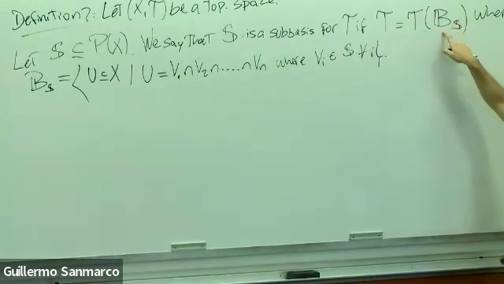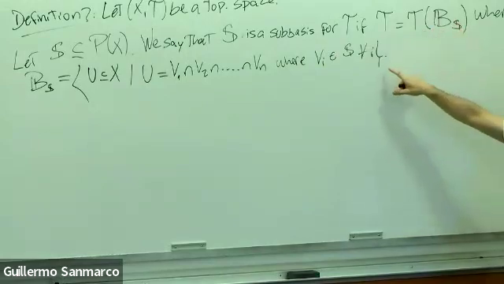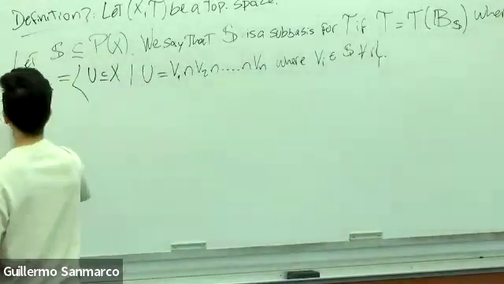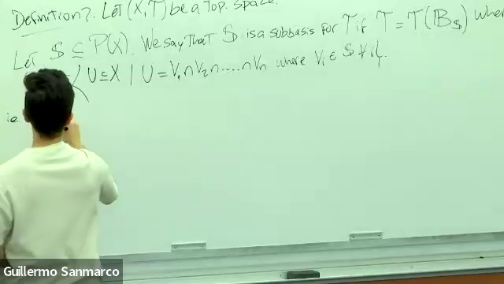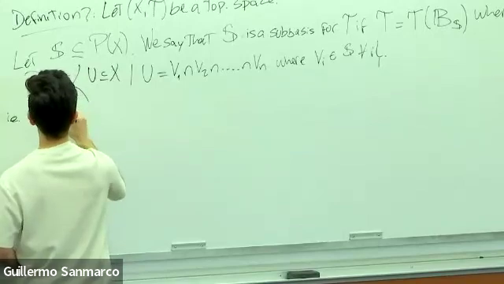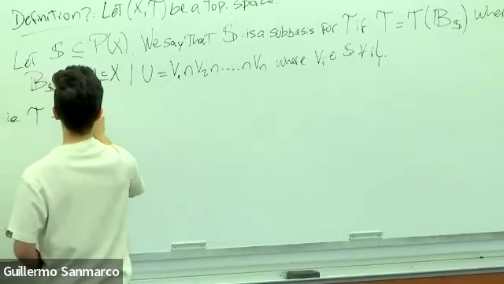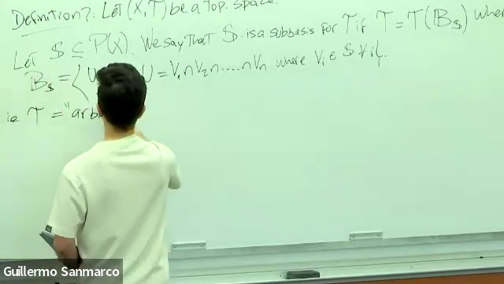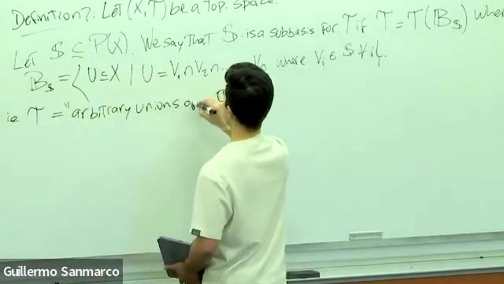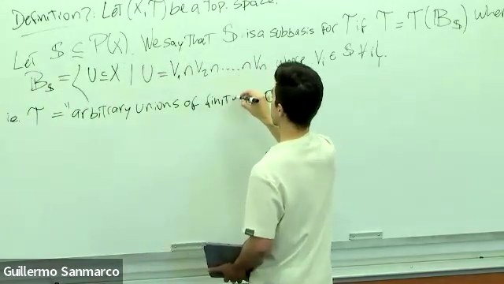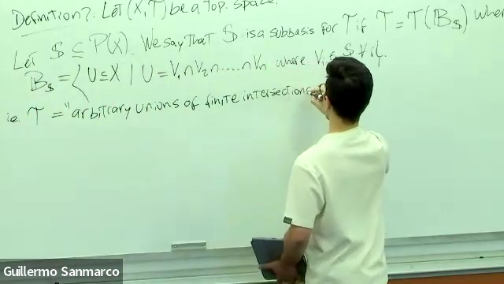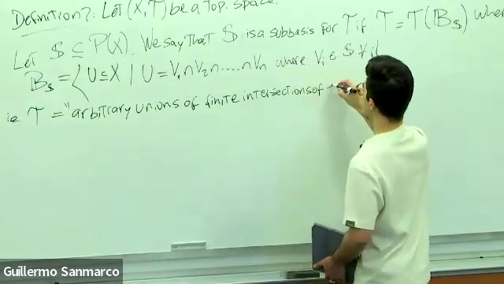So that will be arbitrary unions of finite intersections of things in S. So what I'm saying here is T equals arbitrary unions of finite intersections of elements in S.